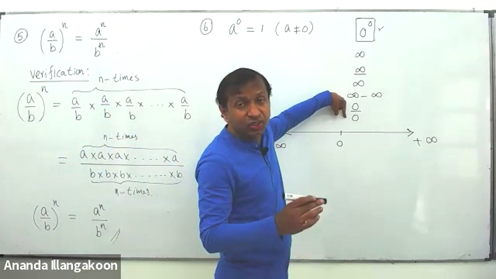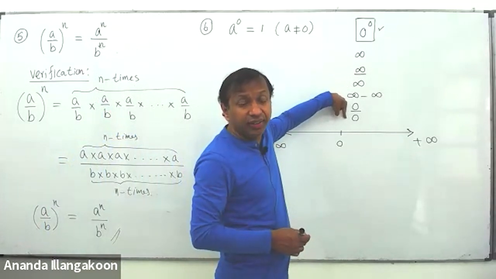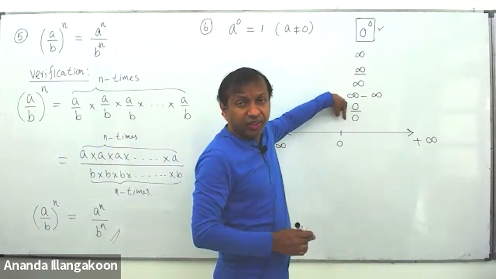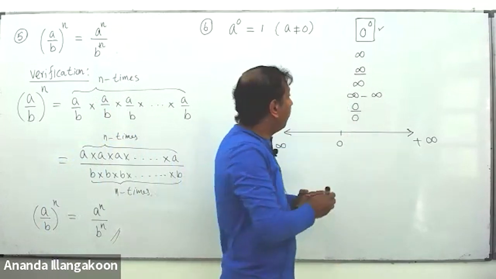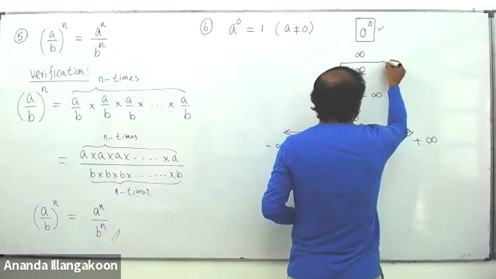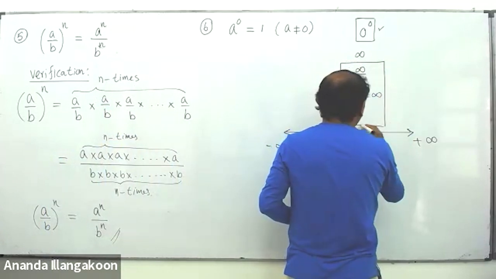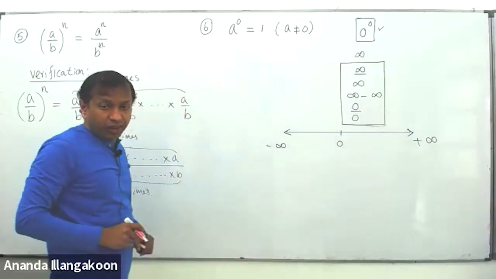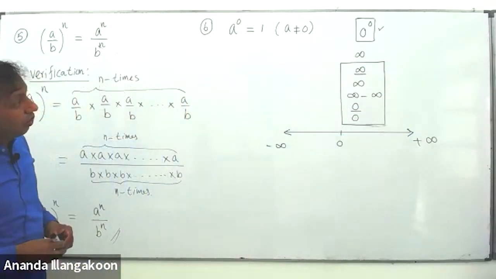Then we reject those answers saying they are undefined, and we go for some other alternative method. We find their exact possible answers. So we are going to discuss these in the future in pure maths under calculus, right? Undefined forms. This is just for your knowledge.